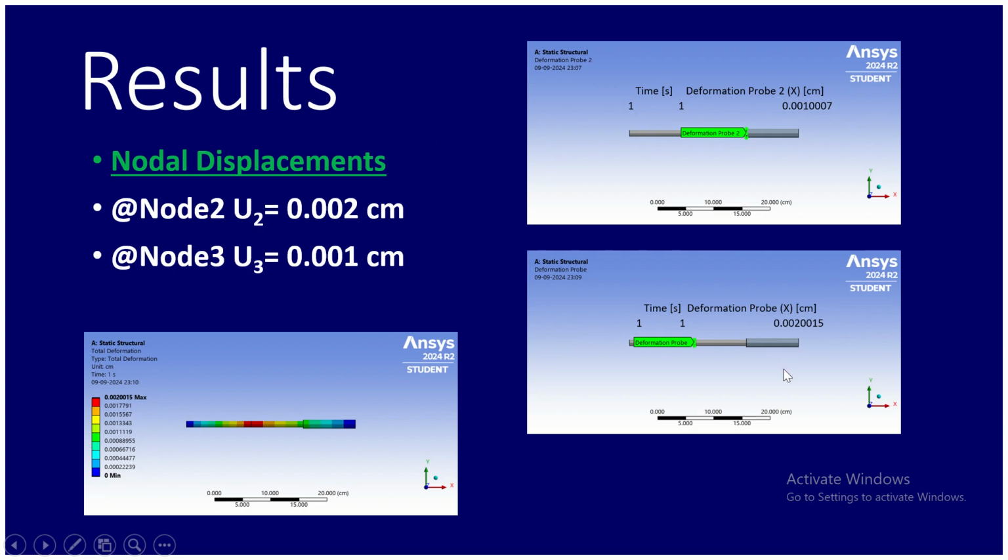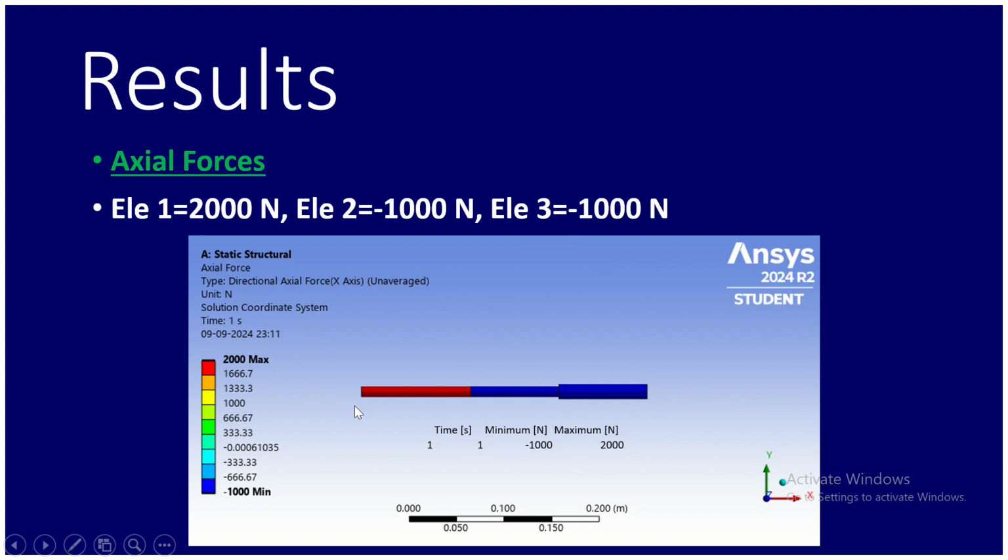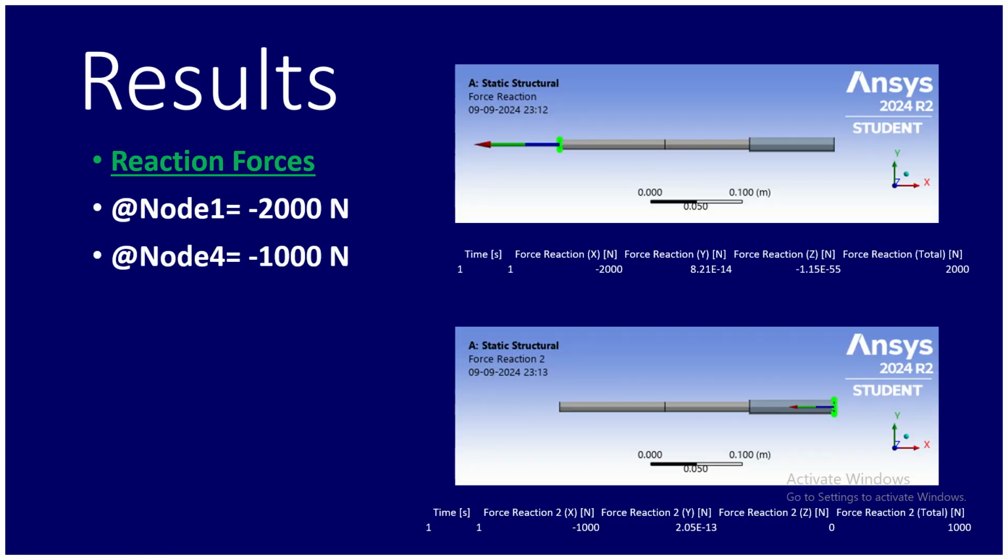At node 2 the displacement is 0.002 centimeters, and at node 3 it is 0.001 centimeters, and this is the total deformation plot. Then we have results for axial forces. Element 1 is 2000 newtons. You can see here a red color, 2000 newtons, and minimum -1000 newtons for element 2 and element 3.